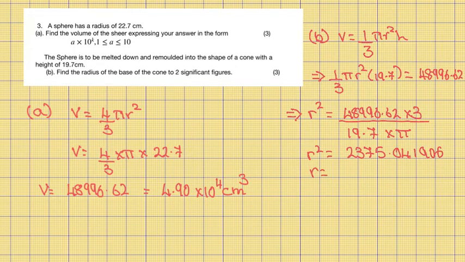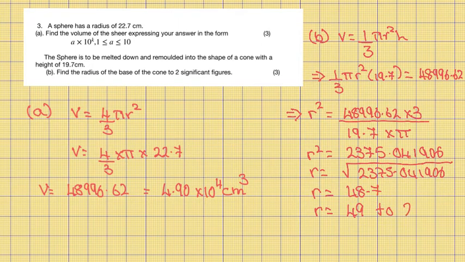So r is the square root of 2375.041906. So r is equal to 48.7. So r is equal to 49, to two significant figures.